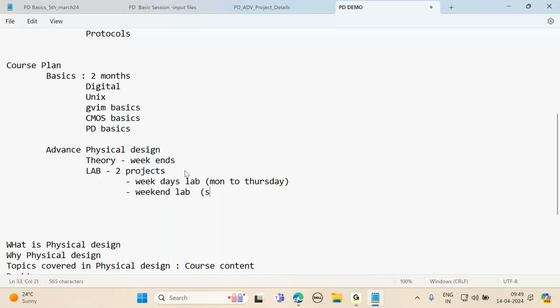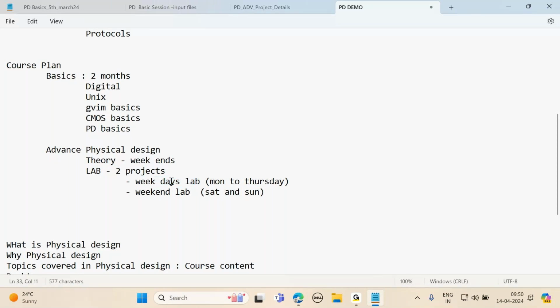It's only on Saturday and Sunday. Friday is a holiday, right? So now what is this weekdays lab? See, weekdays lab is only for the students who can attend on weekdays. And weekend lab is only for the students who can attend only on weekends.